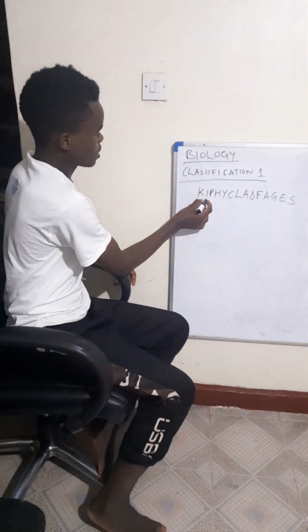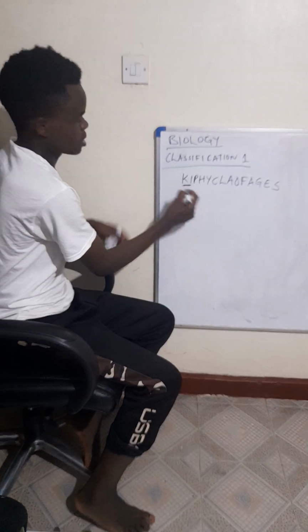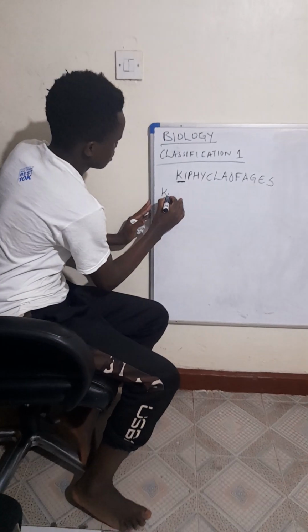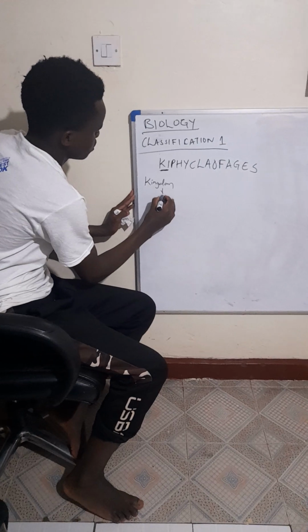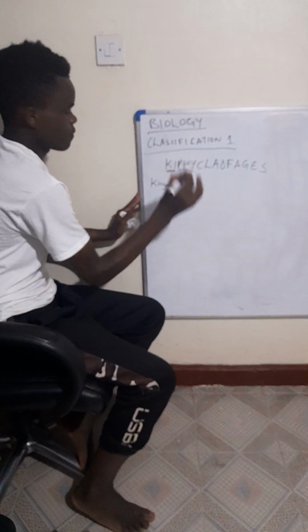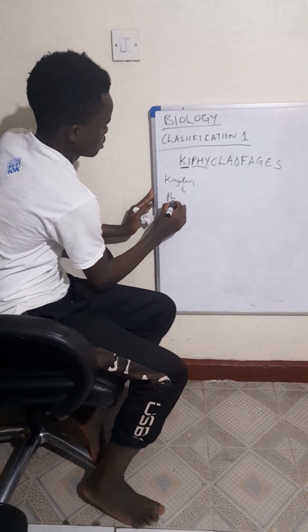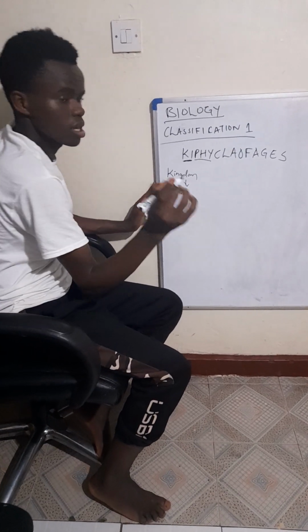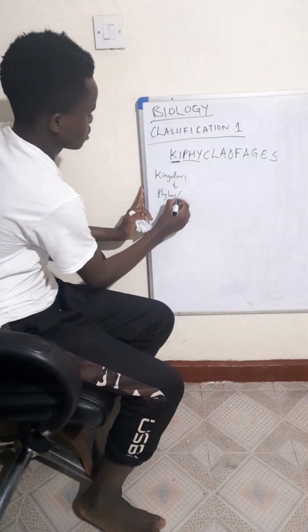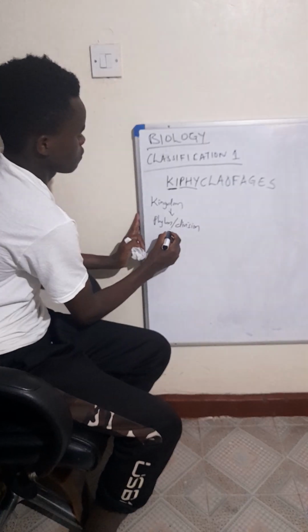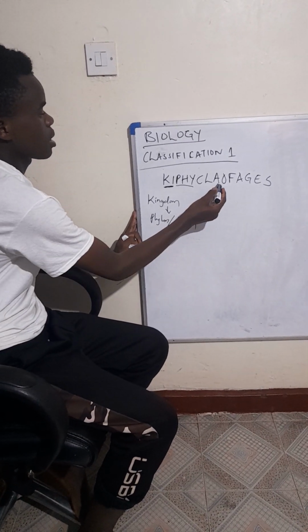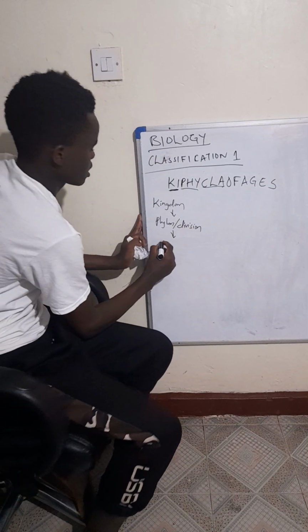Starting from here, this one stands for kingdom. Move down to phylum. Phylum is for animals. In the case of plants, we call it division. So phylum stroke division. From there move down to class.